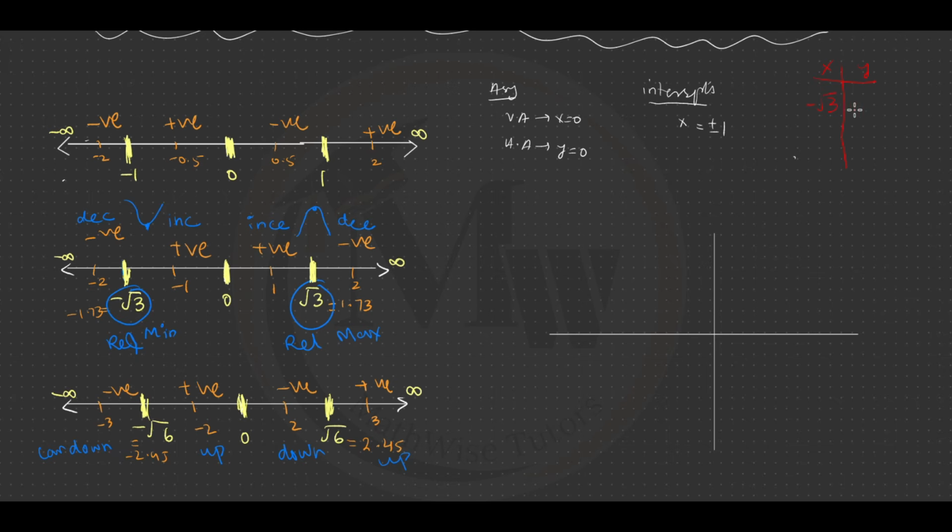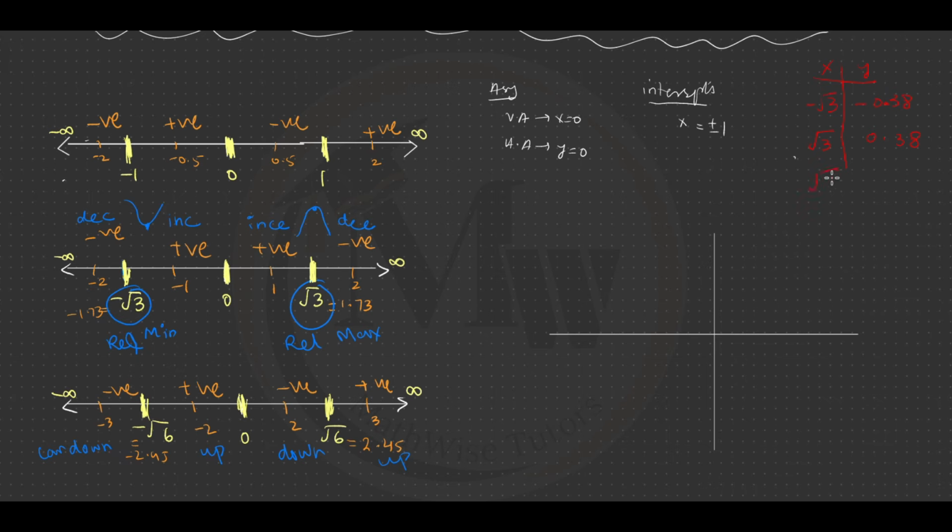So by plugging this value, we will have negative 0.38. Similarly, when we plug square root of 3 into the function, that will give you 0.38. And for the points of inflection that we found, we also have to plug these into the function.